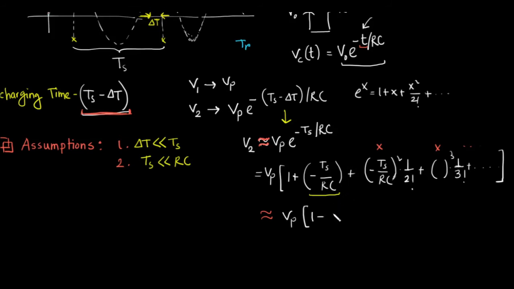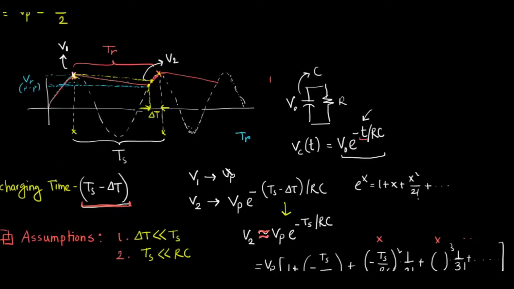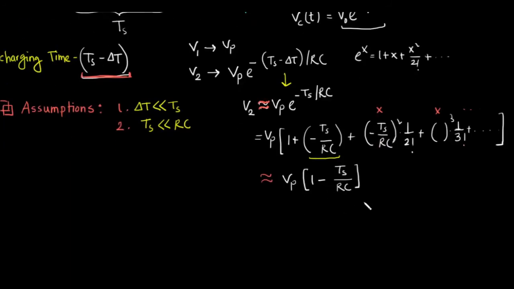Let me just write it as plain minus Ts by RC. So we have also found the value of V2.